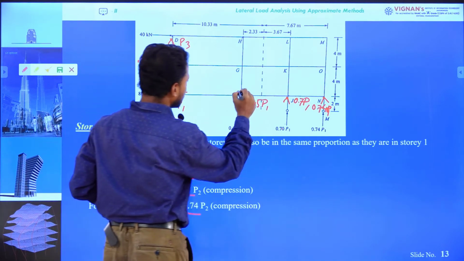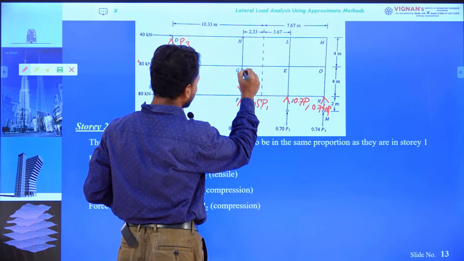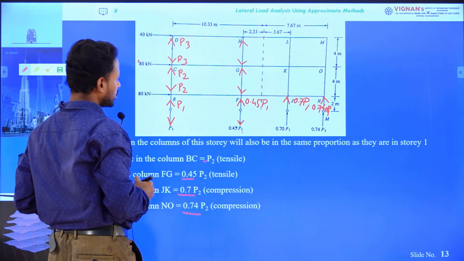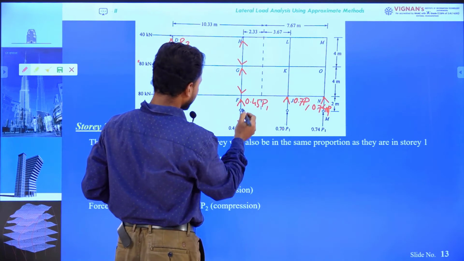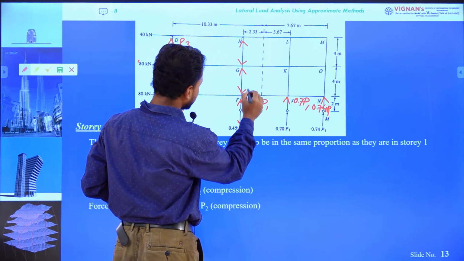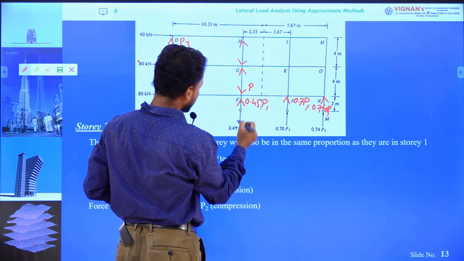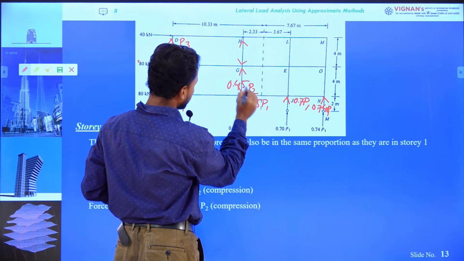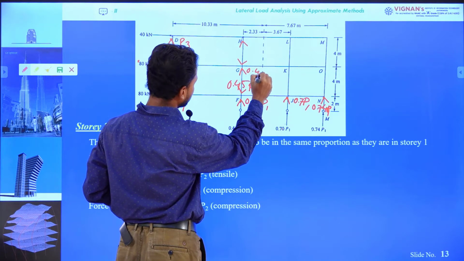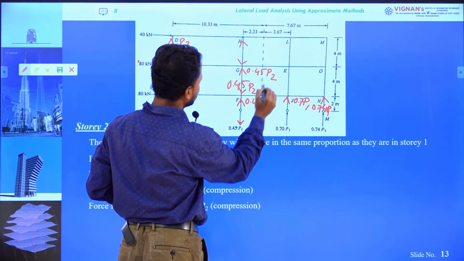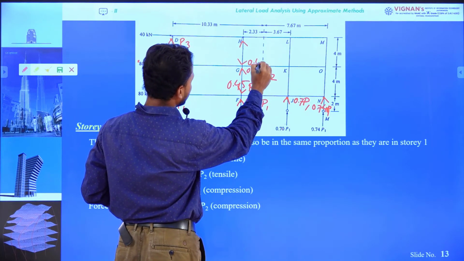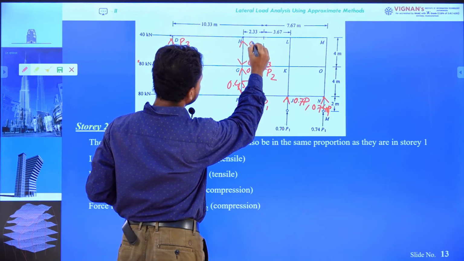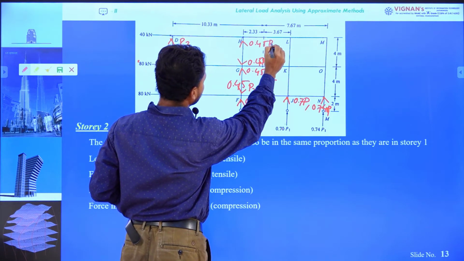Okay, here what forces will be acting? You draw first the direction of the forces. Here 0.45 P2, 0.45 P2, this is 0.45 P3, this is 0.45 P3.